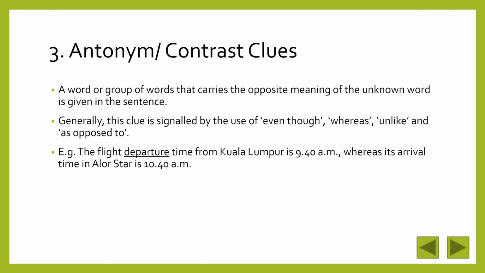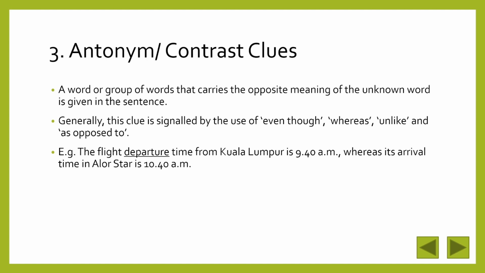Generally this clue is signaled by the use of even though, whereas, unlike, and opposed to. So those are negatives. It means that the other word is the opposite of the unknown word. For example, the flight departure time from Kuala Lumpur is 9:40 a.m. whereas its arrival time in Alor Setar is 10:40 a.m.